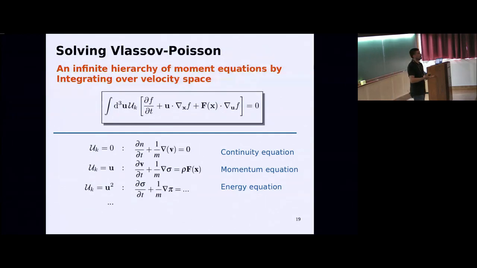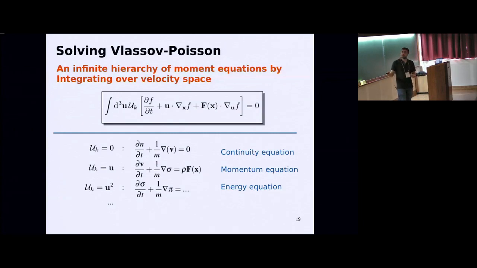So essentially, it's telling you the conservation of mass. Then, if you take u to the first power, you can show that you arrive at an equation that tells you about the conservation of momentum, right? And then you can do that for u squared, and that is the energy equation, u cubed, u fourth, all the moments, right?